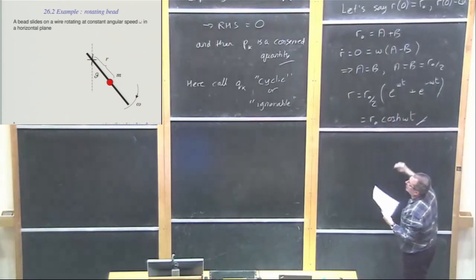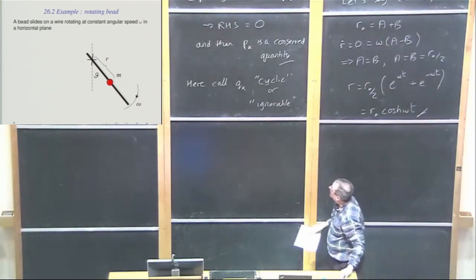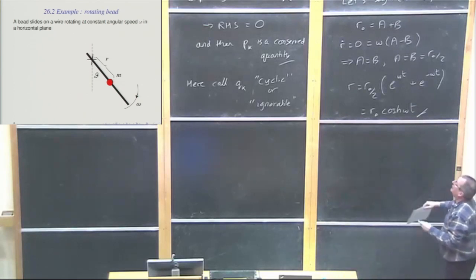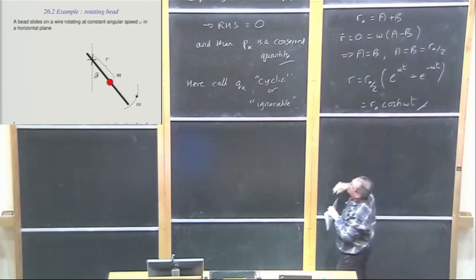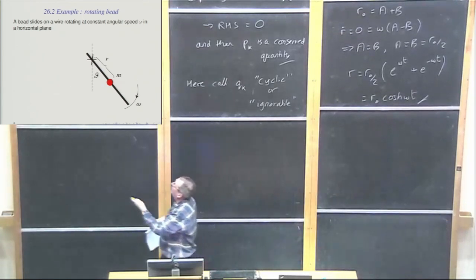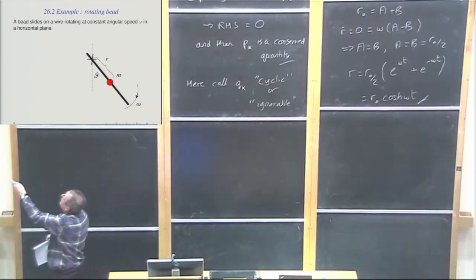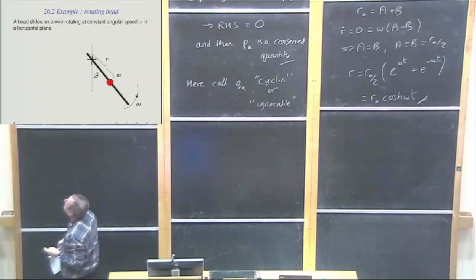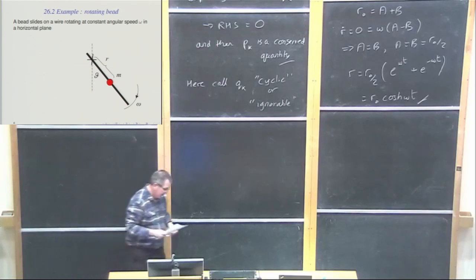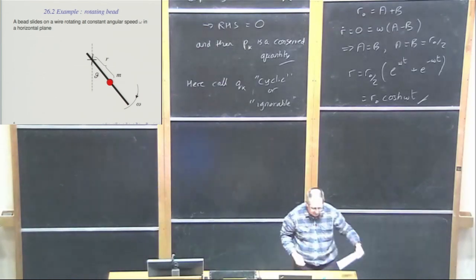So that's the full solution. As time goes on, it's clearly this first term which dominates. So as the thing spins round, the ball starts to move outwards with an exponentially growing rate. And that seems pretty much what you might expect.